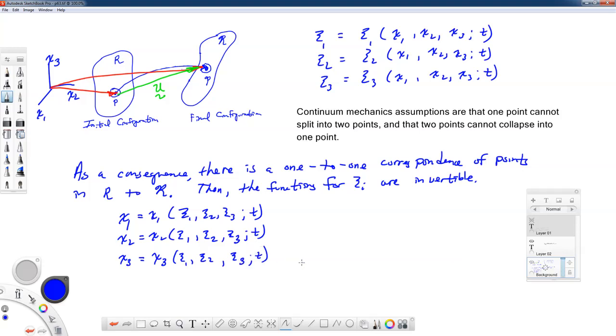And we'll hold to these basic tenets of continuum mechanics. And this is something sometimes I'll ask students on a quiz or an exam. What is it about continuum mechanics? What are the basic assumptions? 1 point cannot split into 2 points, and 2 points cannot collapse into 1 point.